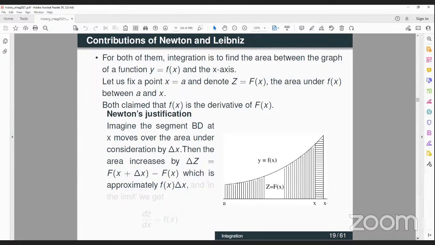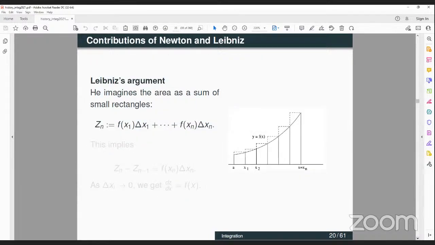So in some sense, integration is the reverse of differentiation. His idea was to take small strips and add up, which should give you the area. If you look at the areas and divide by the increment, you get f(x). So the fundamental theorem of calculus is hidden here.